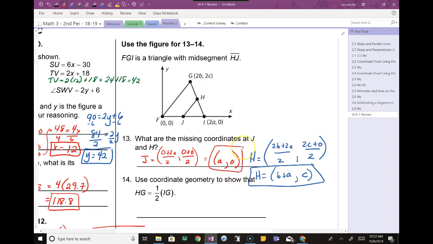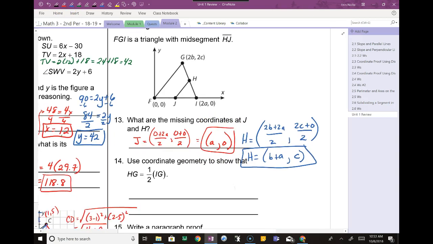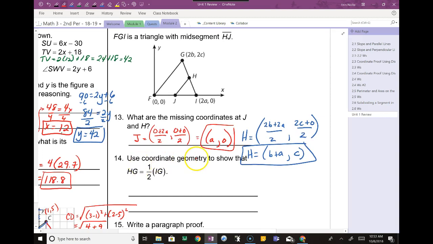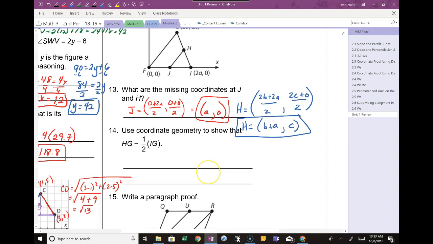Okay, so now question number 14 is we're going to use geometry to show that HG is half of IJ. So we're going to do that by the distance formula because we're talking about a distance.